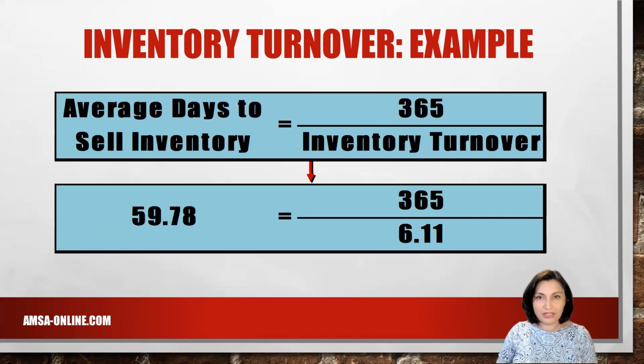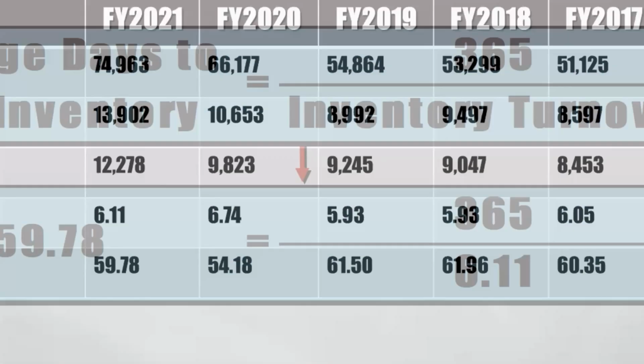We may compute the number of days required for the company to turn over or sell its inventory by dividing 365 days by the turnover rate of 6.11. In the fiscal year 2021, Target required 59.78 days to turn over or sell the amount of its average inventory.